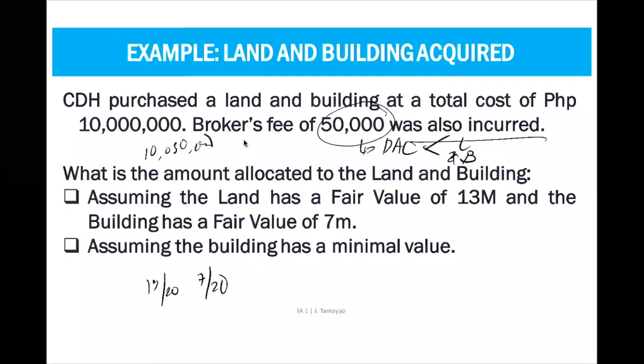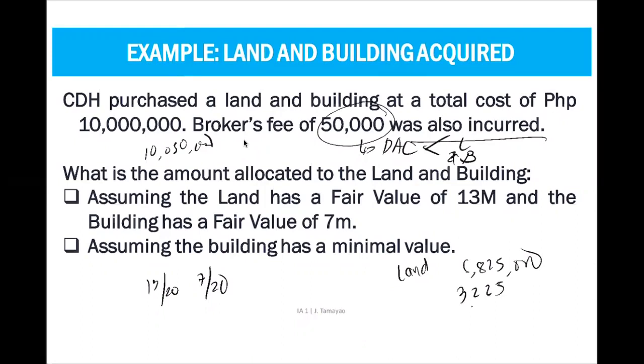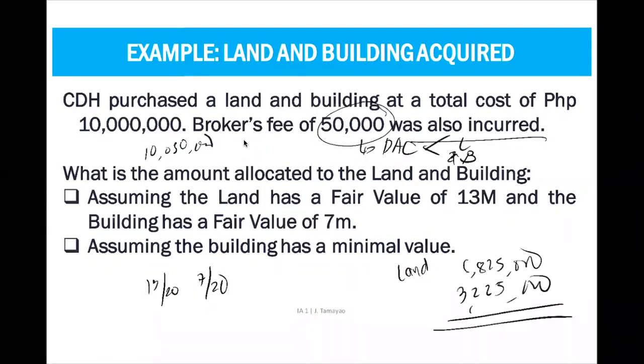So 10,050,000 multiplied by 13 over 20 gives us 6,825,000 for the land. And for the building, we have 3,225,000. Okay? So this is for the building.